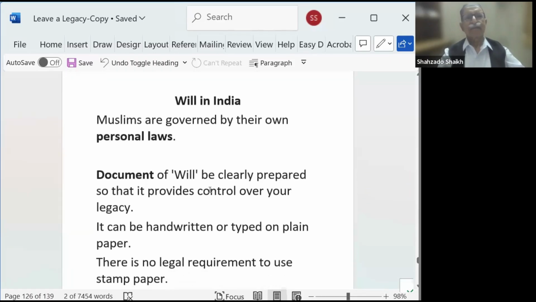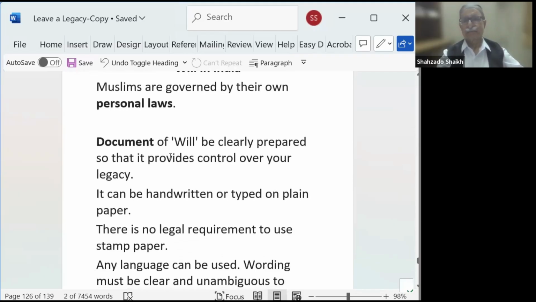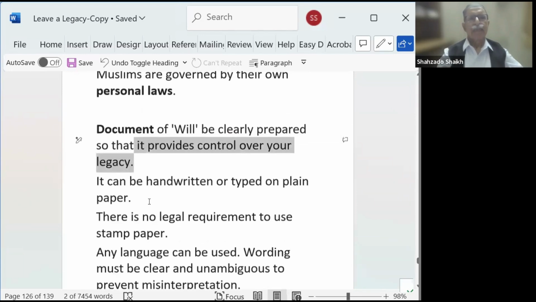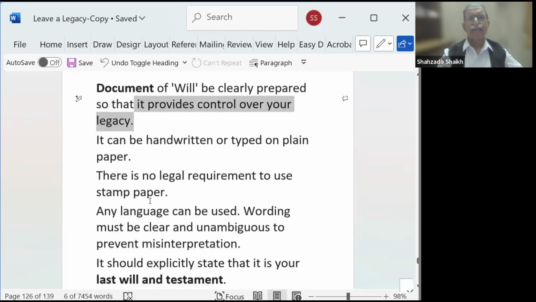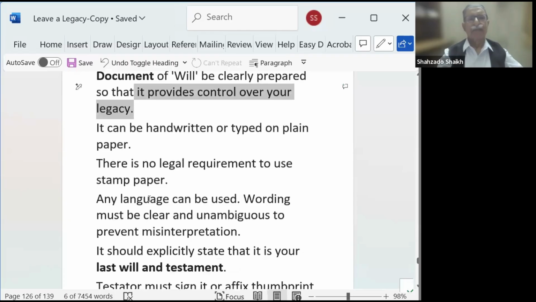Muslims are governed by their own personal laws in India. Muslims are governed by Muslim personal laws. The document of the will should be clearly prepared so that it provides control over your legacy. It can be handwritten or typed on plain paper in India.